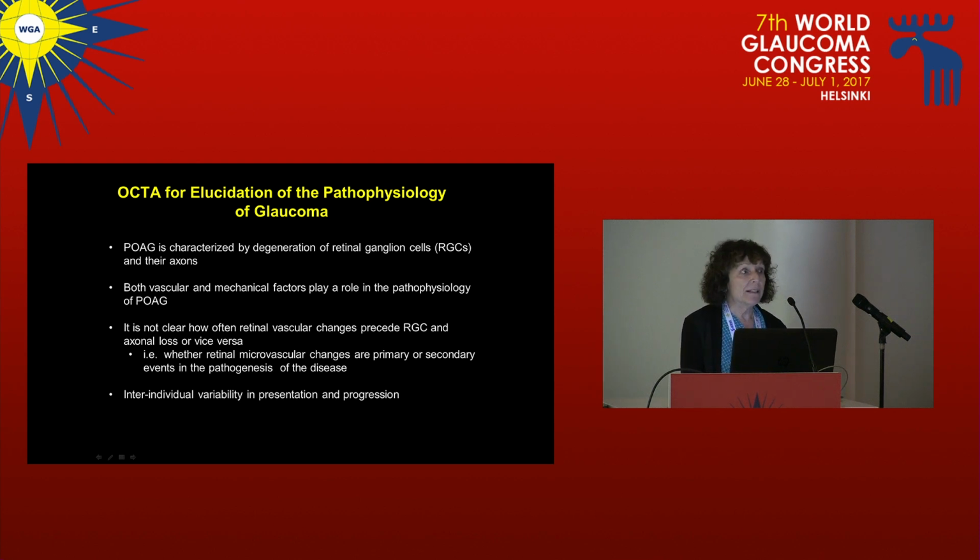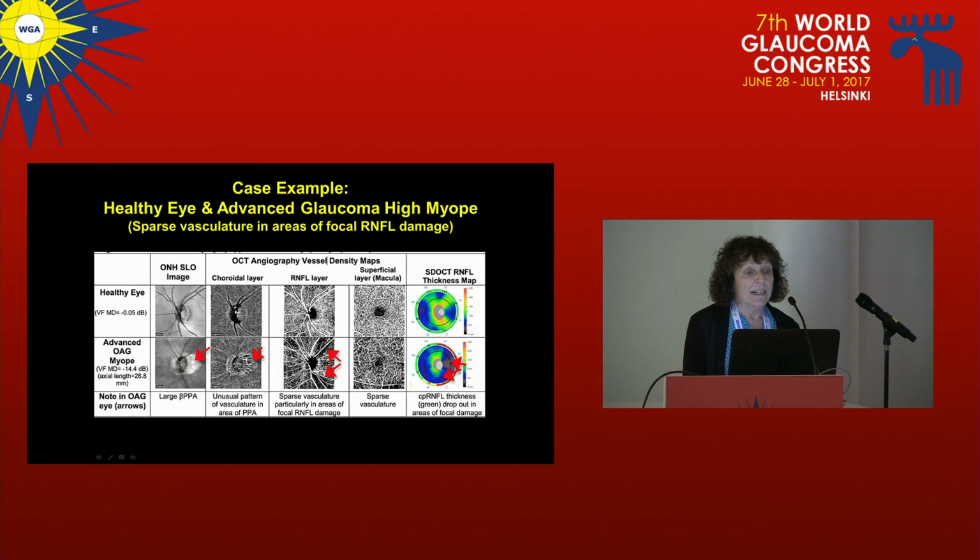I think probably in some people it might be more of a primary event, and in others it might be more of a secondary event. I think there's going to be a lot of individual variability in the presentation and progression of the relationship between these two. And I really believe that OCTA, with this new technology, will be able to get a better handle on these issues.